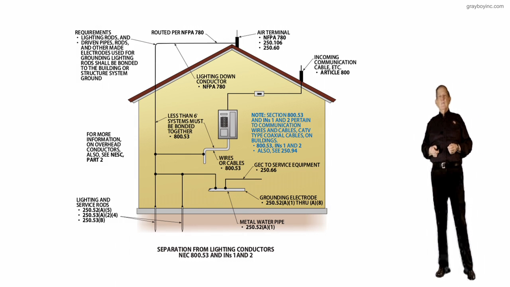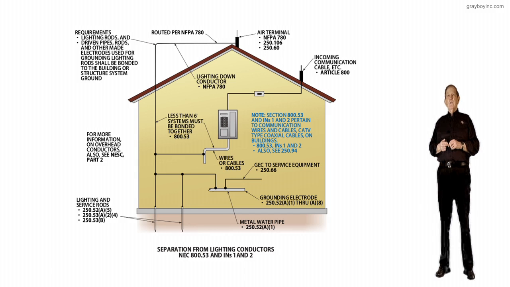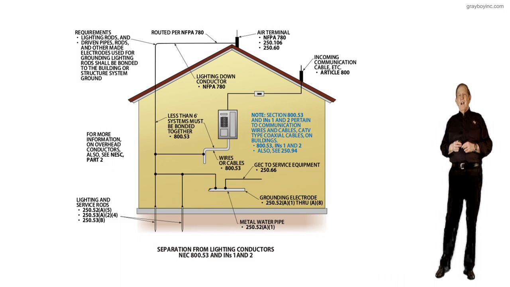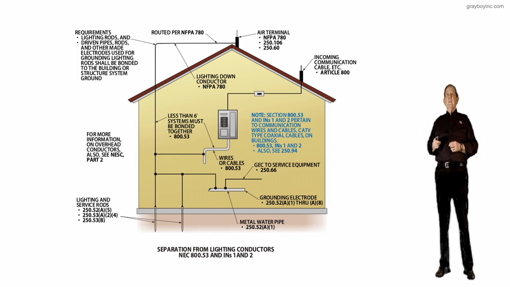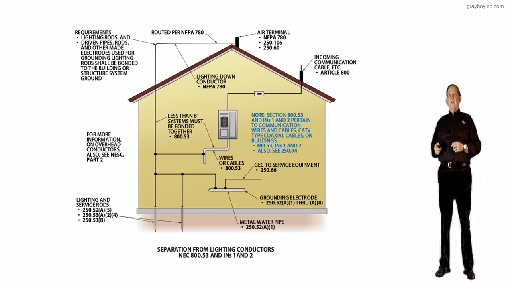That would give you a lot of information about overhead conductors. But if you're wanting to actually review the location and the installation of the strike air terminals, then you would need to see 780 for those down conductors. And then notice everything is bonded together to create a grounding electrode system and an equal potential plane.